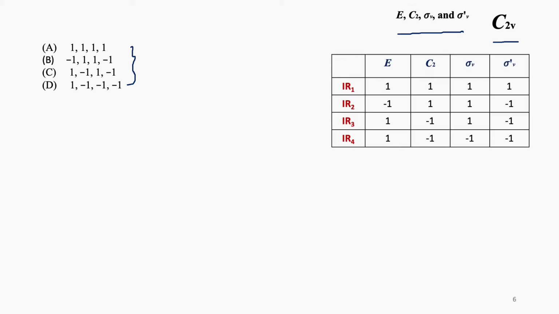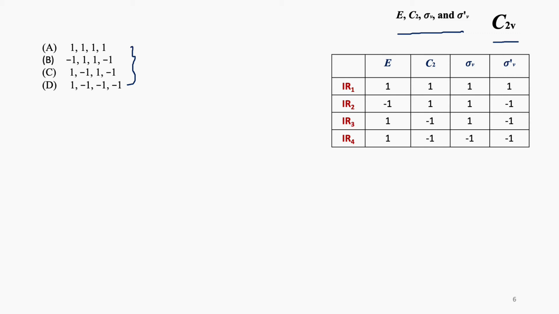So according to the question, 4 symmetry elements are given as E, C2, sigma V and sigma V dash, and C2V is the point group, and 4 options are given like this. So let's substitute these values in the character table and see how it looks.